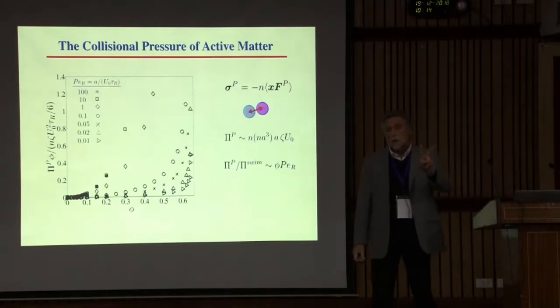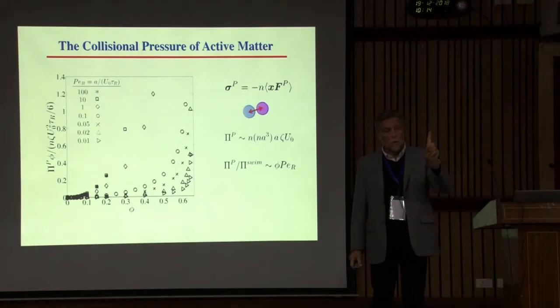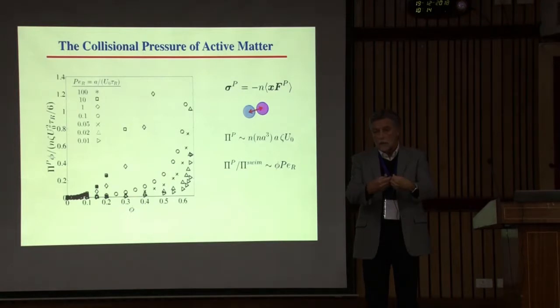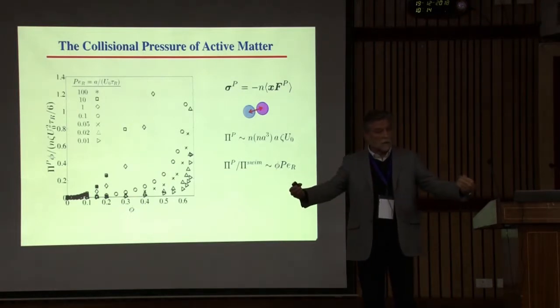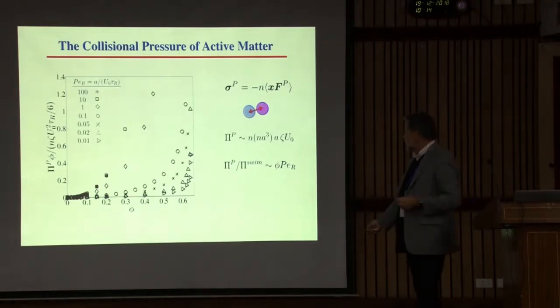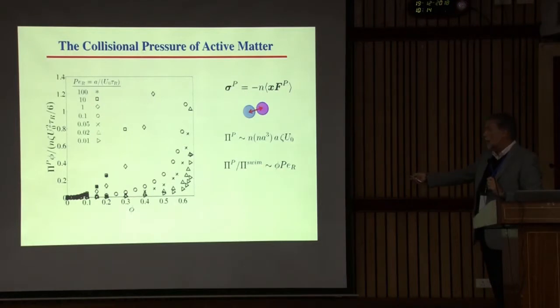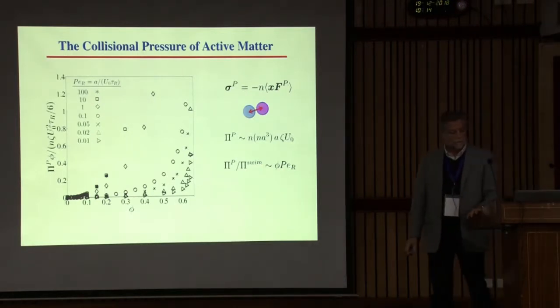One, it takes 2 particles to generate this stress, as opposed to 1 particle for the swim stress. And furthermore, this stress is transmitted upon contact, so it scales with the particle size, not with the relative persistence length. As a result, the ratio of the collisional pressure to the swim pressure is very small, particularly at small reorientation Peclet numbers, except at very high concentrations where there are lots of collisions and that pressure runs up high.